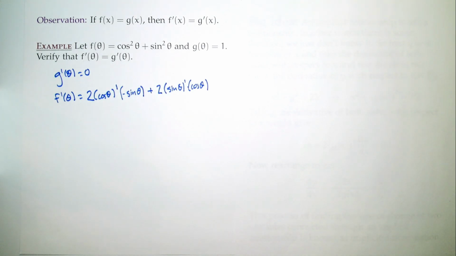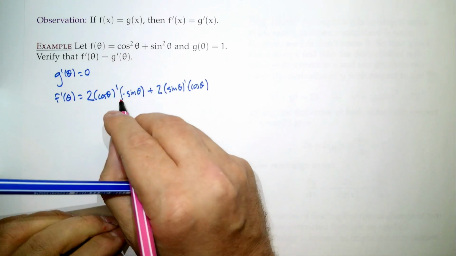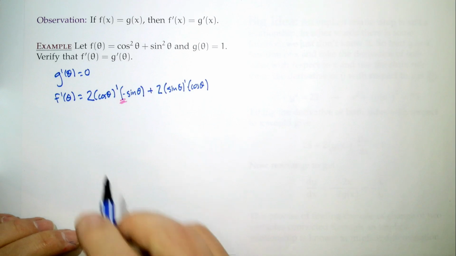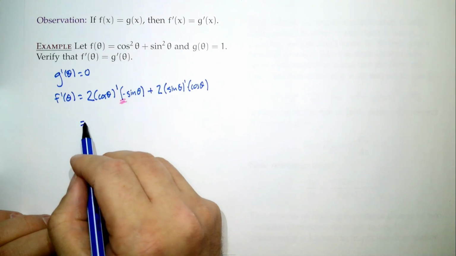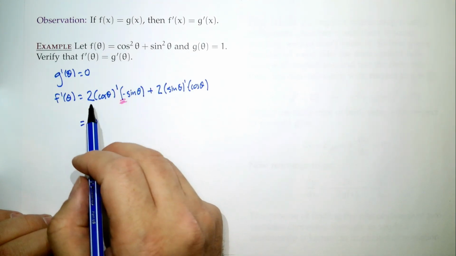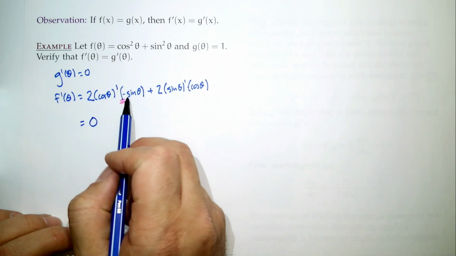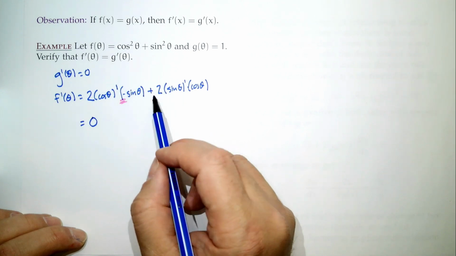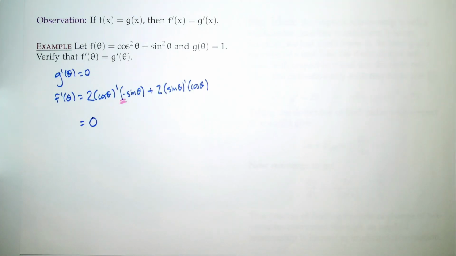However, that negative there is very useful. When we put those together, what do we get? They cancel out, because you have 2 times cosine times sine, but with a negative, and here you have 2 times cosine times sine, but it's positive. So they do in fact match.